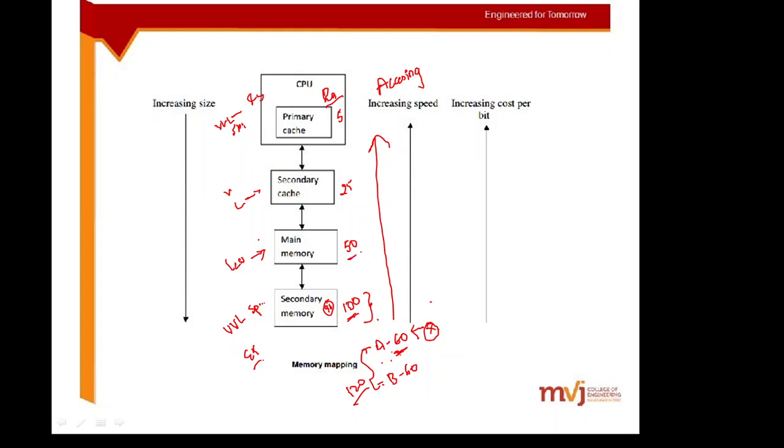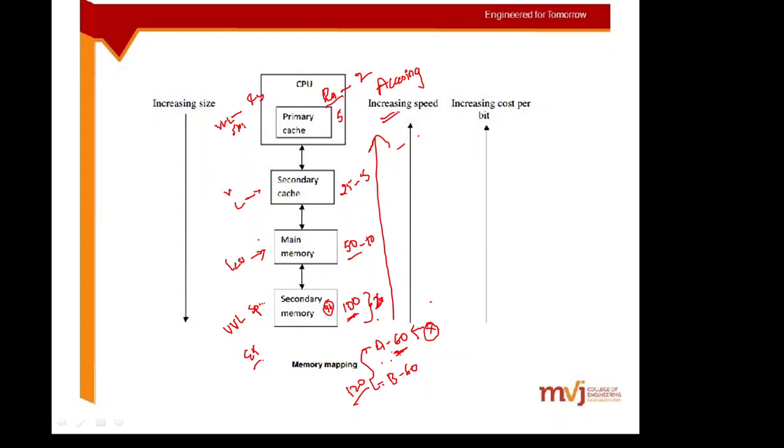With 100 instructions, if I take 20 minutes to find my task, with 50 instructions I can find it in 10 minutes only. In the cache memory, I can find it in 5 minutes. In the registers, I can find it in 2 minutes. So when we are going up, the accessing speed is going to be increased.